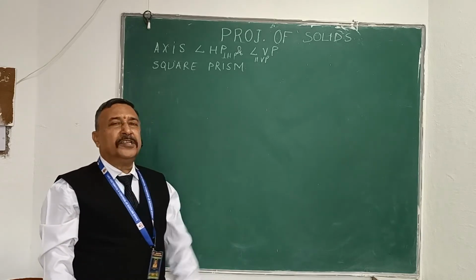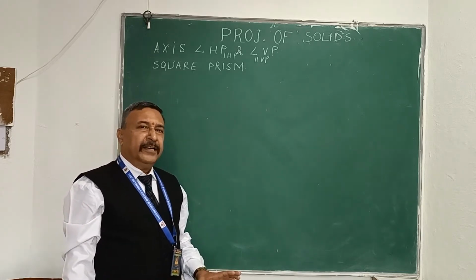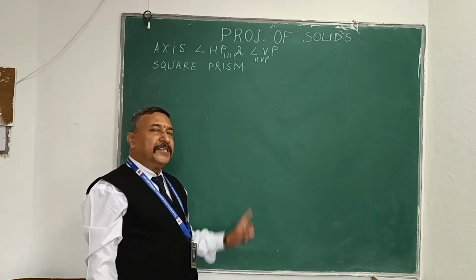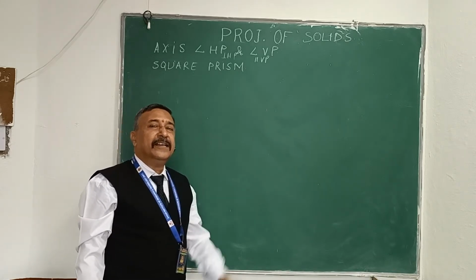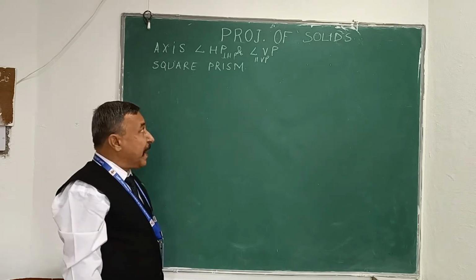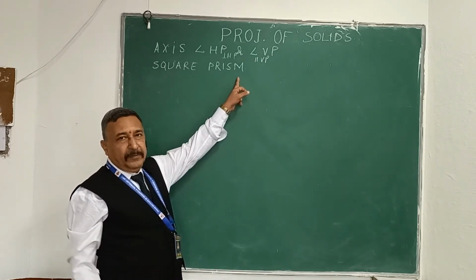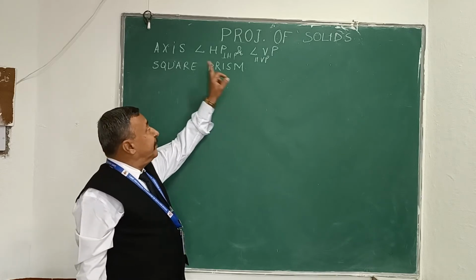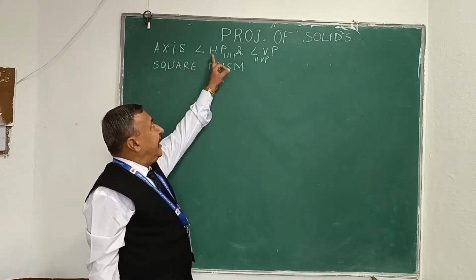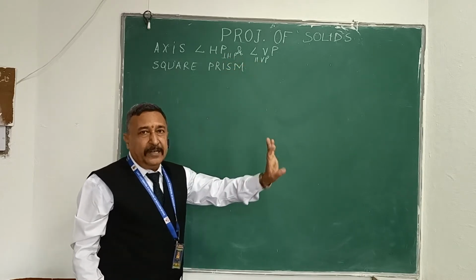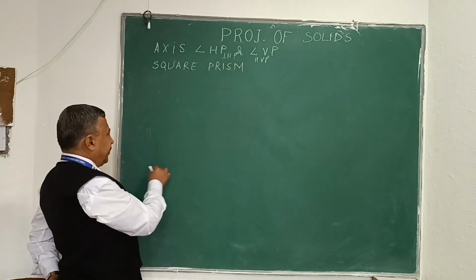This initial position we have already drawn in our first or second lecture, when we started the axis inclination of solid. So I am taking here an example of a square prism, this same prism, with axis perpendicular to HP and parallel to VP. So we draw the projection.